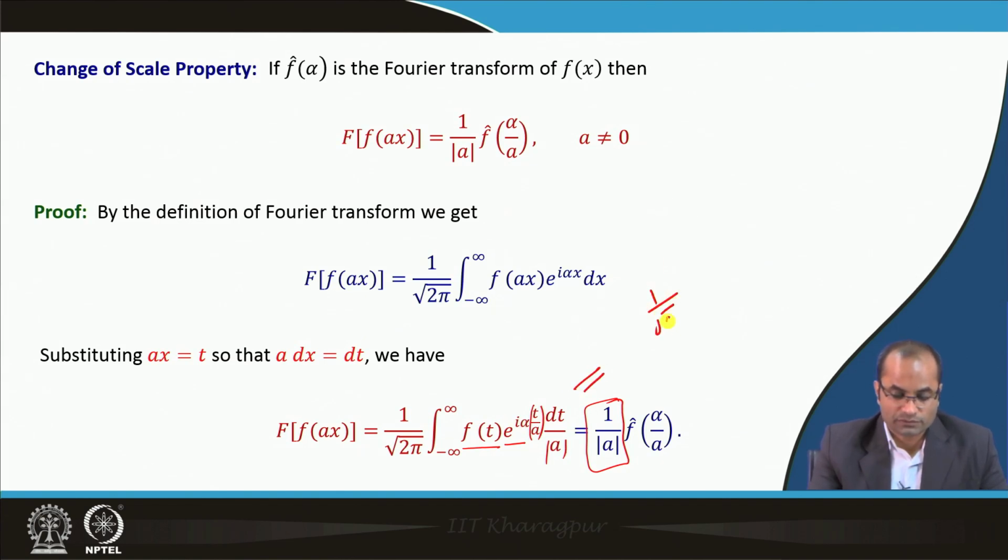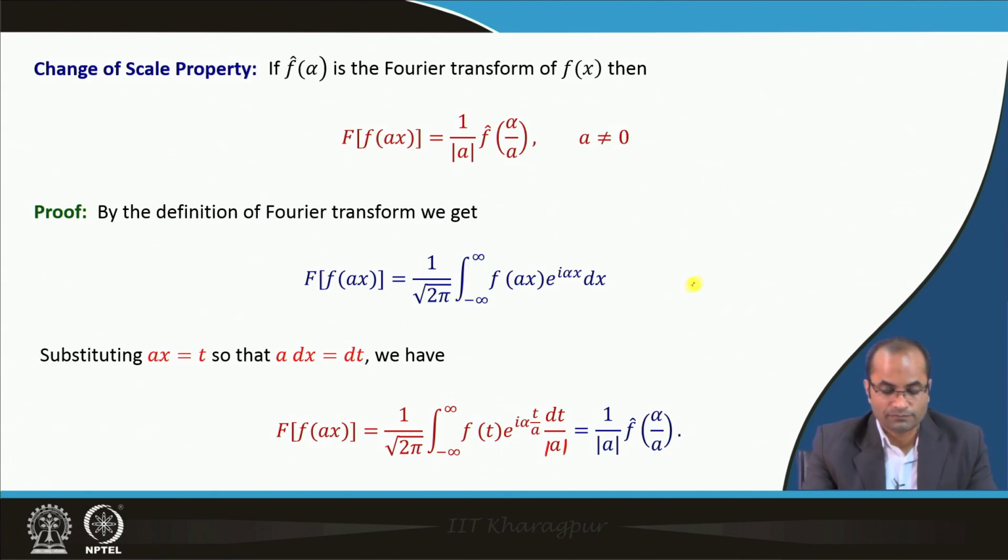So, we have 1 over square root 2 pi, which will anyway be taken care of with the definition of the Fourier transform. So, we have 1 over the absolute value of a and 1 over square root 2 pi, integral from minus infinity to plus infinity, and then f(t) and e^(i), instead of alpha now we have alpha over a, and then t dt.